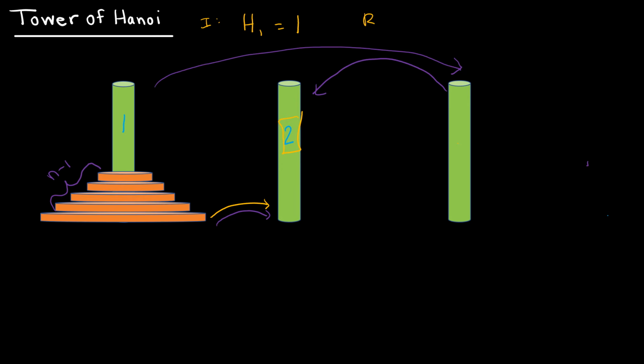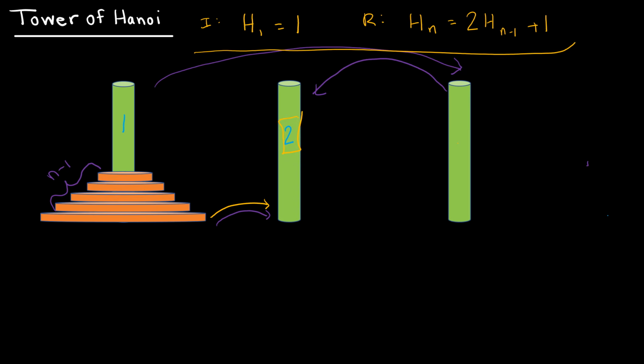So my recursive part of the definition is saying, to find the number of total moves, I'm going to take 2 times the number of moves it would take to do n minus 1 disks, and then I'm going to add 1 so that I can get the bottom disk where I want it to go.